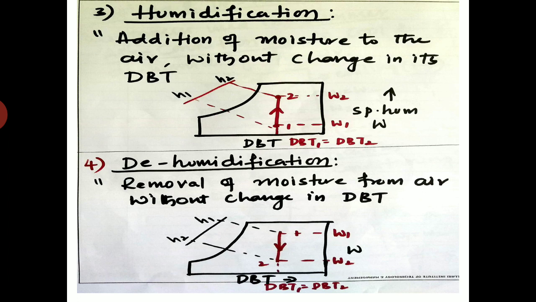Moisture has to be removed, therefore specific humidity goes on decreasing from 1 to 2. This is the difference between humidification and dehumidification.